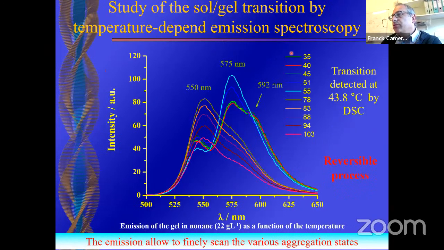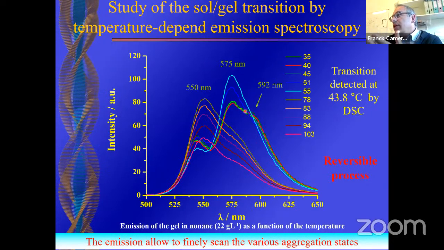And you can use this to probe how the gel evolves with the temperature. At high temperature, you don't have the gel, so you have the solution. And in the solution, you have only a single emission coming from isolated BODIPY. As soon as you cool down the solution, the gel starts to form, and you have first formation of excimer here at 580 nanometers.